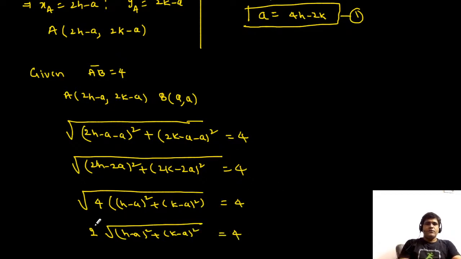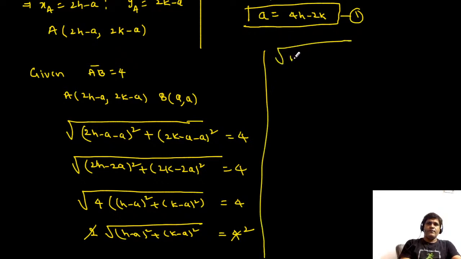Now these 2 times cancel, then what you get here, square root of (h minus a) whole square plus (k minus a) whole square equals 2. Here this contains the parameter a. Now to eliminate the parameter, use this condition. Here a in terms of h comma k is there.